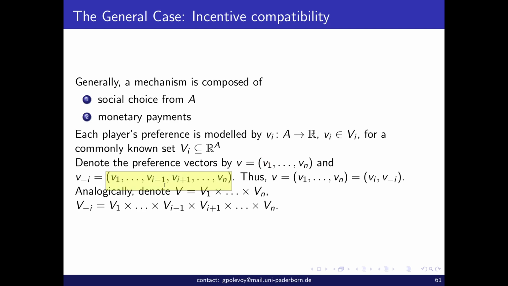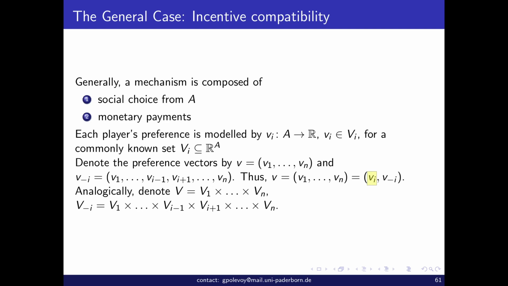So from v1 till vi minus 1, and then from vi plus 1 till the end. Now, the vector of such preference can be thereby denoted as vi, the preference of the i, and v minus i, so the preferences of the rest.